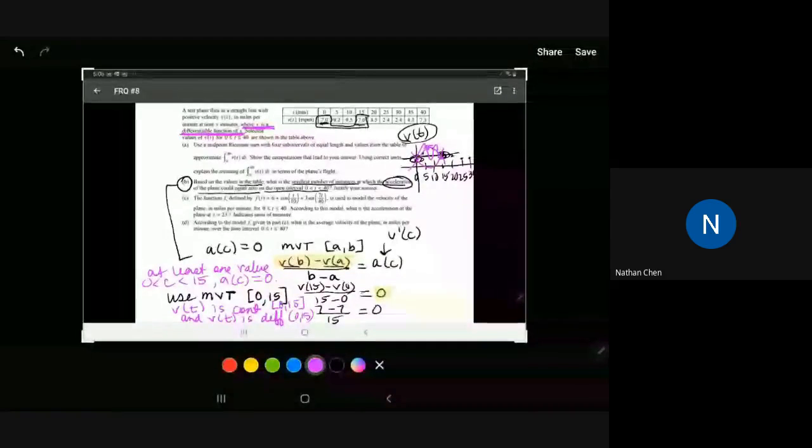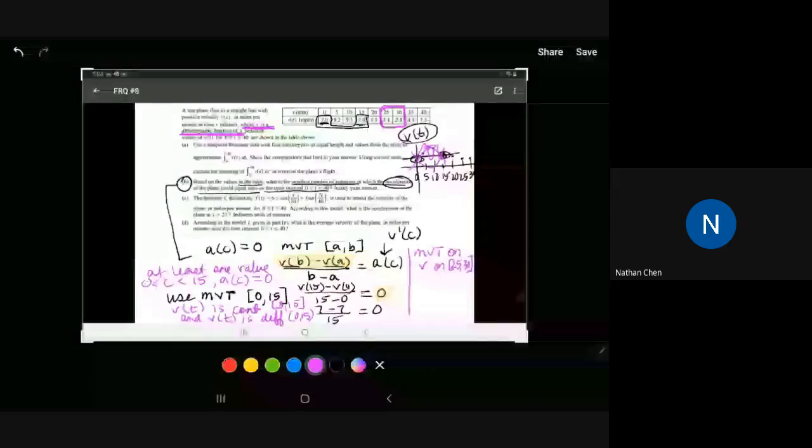Okay, so very good. So where's the other spot? Yeah, he says between 30 and 35. Yes, 20 and 30. Look at those. Those y values are the same. So the slope between them, and I want A, so I want the slope, has to also be the same thing. So I would also use the Mean Value Theorem on V, not on S, on V, on the interval from 25 to 30.